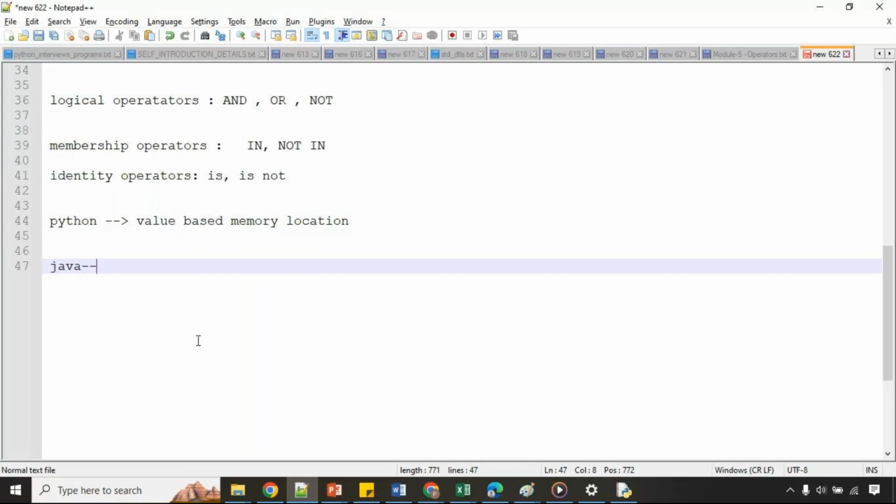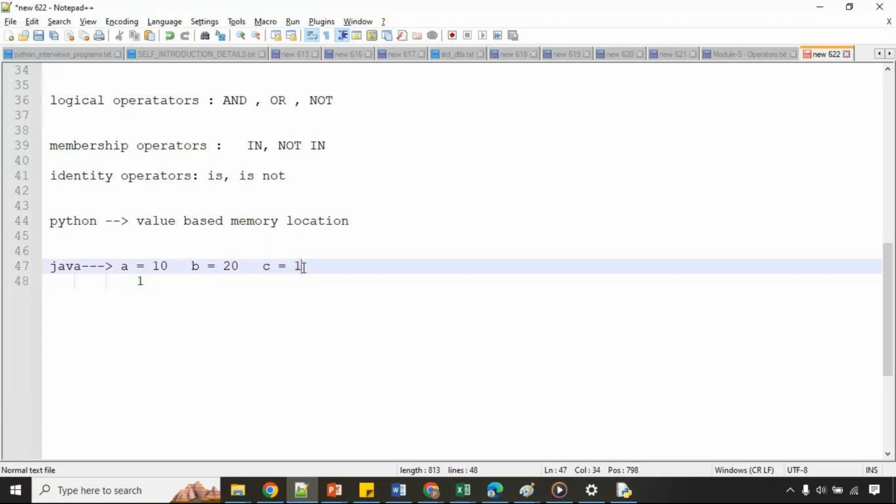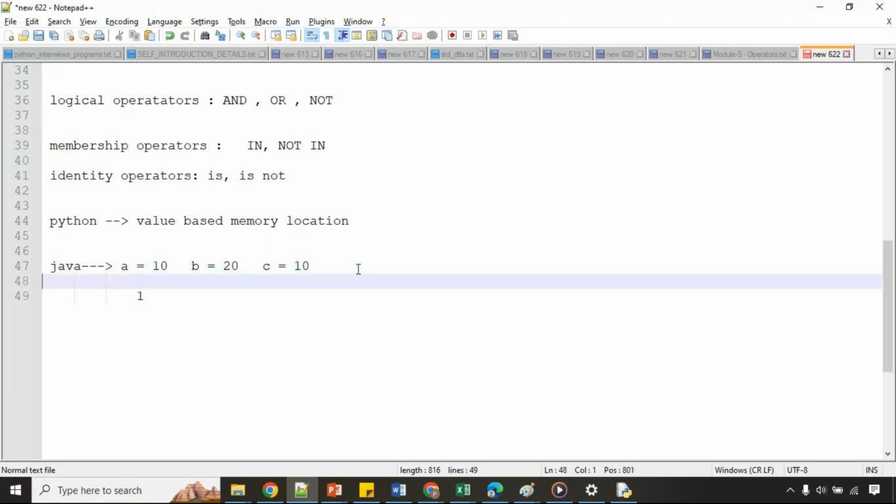Suppose in other languages, a equal to 10, b equal to 20, c equal to 30. As there are multiple variables, multiple memory locations will be allocated, with different memory addresses.